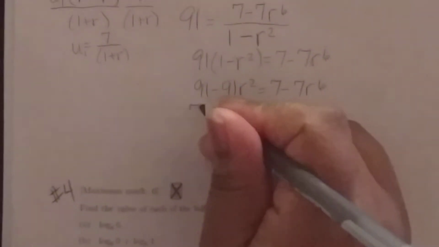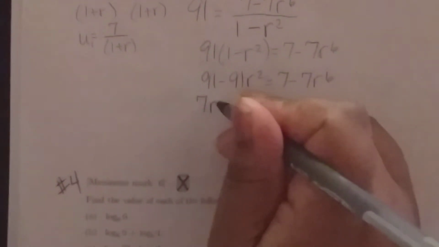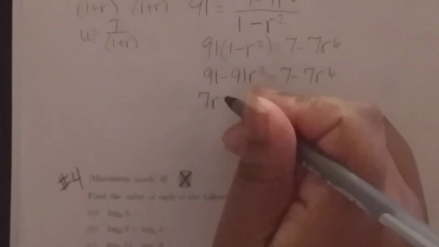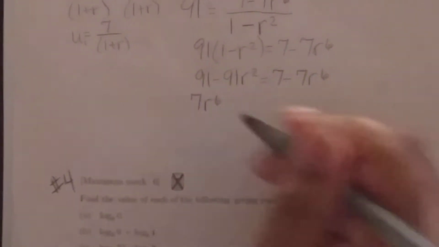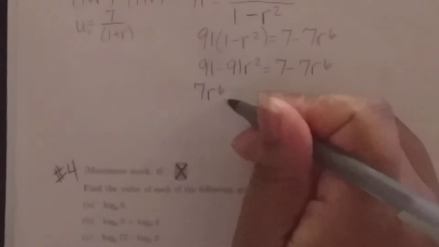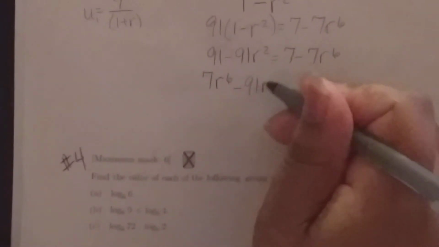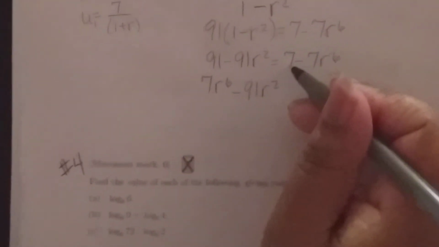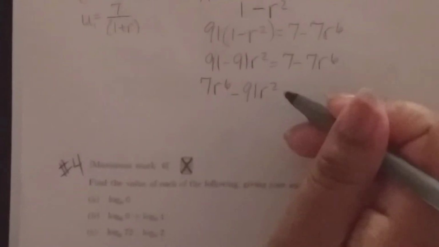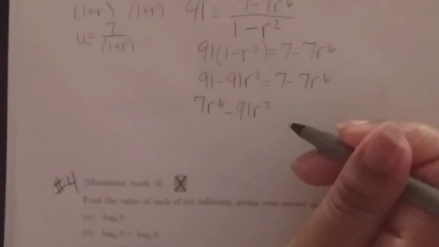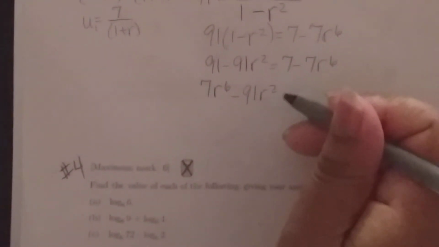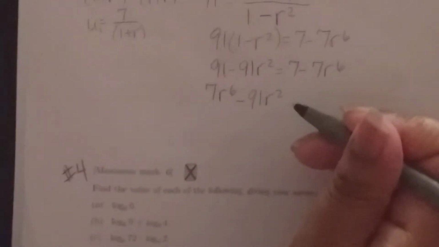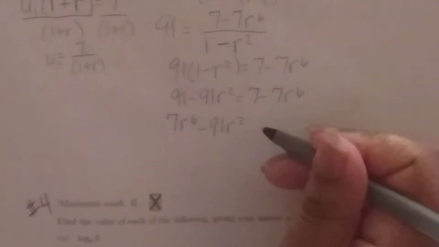So if I get all of these to one side, I get 7r to the power of 6 minus 91r squared. And then 91 minus 7 is 84, so plus 84.